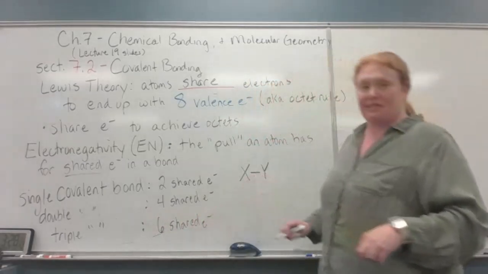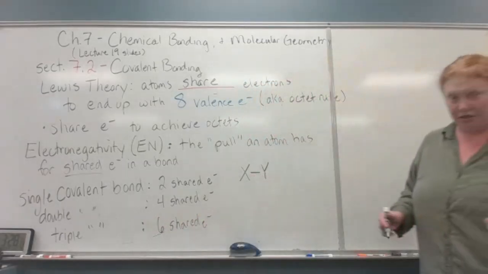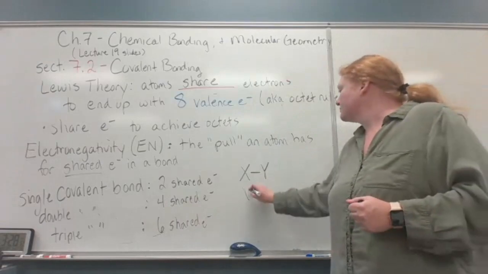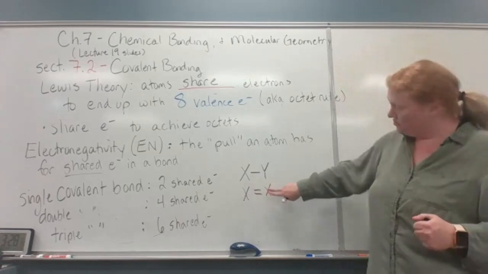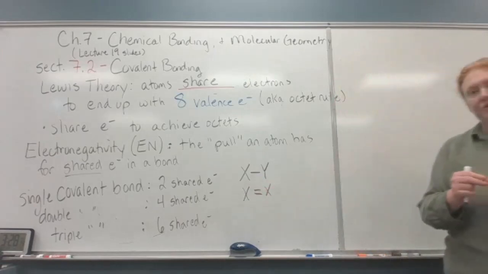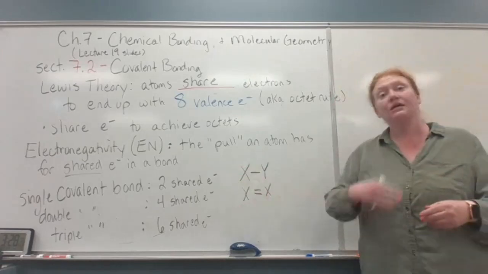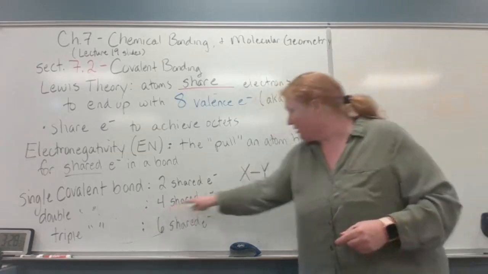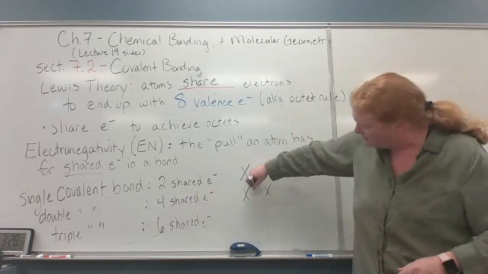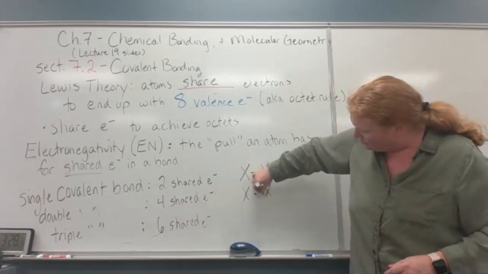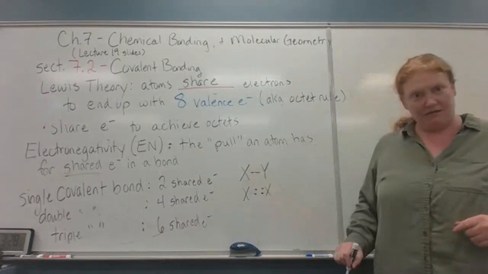In drawings, you will see these shared electrons again as lines. So 2 lines together in between those atoms is a double bond. It means 4 electrons are shared. If you were thinking about dots, you might think about it like that.